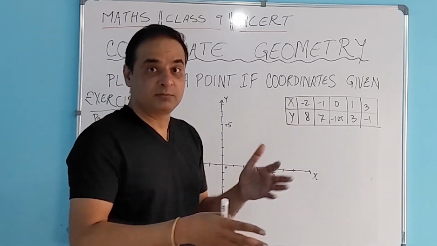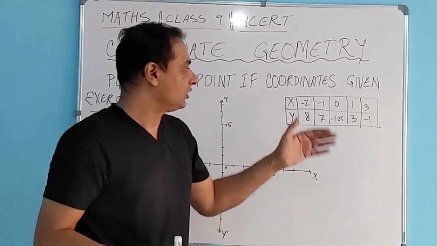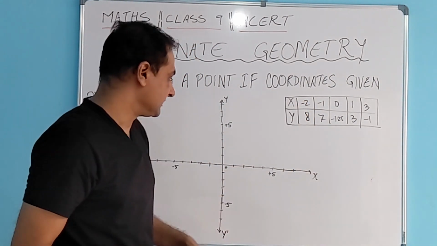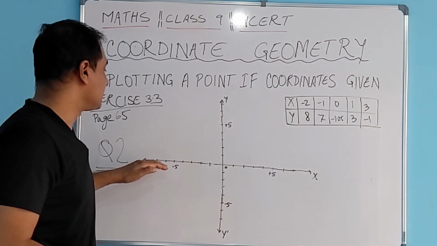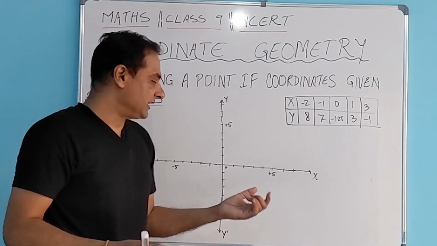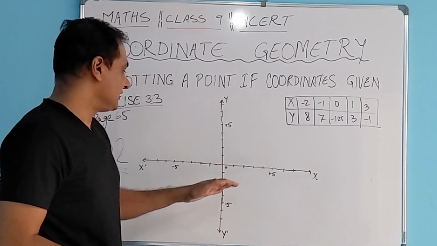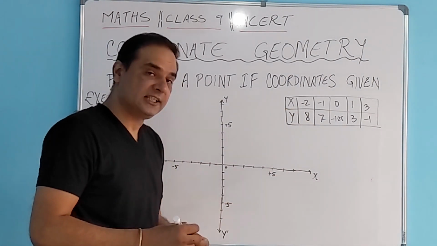Does it matter whether they are given in brackets or in a table? No. We have the values of x and y, so we can plot. To start with, we need to create this Cartesian plane. We need to create the x-axis and y-axis. The scale we can take for 1 unit is 1 centimeter. So once we have this Cartesian plane, let's look at the points and plot them.